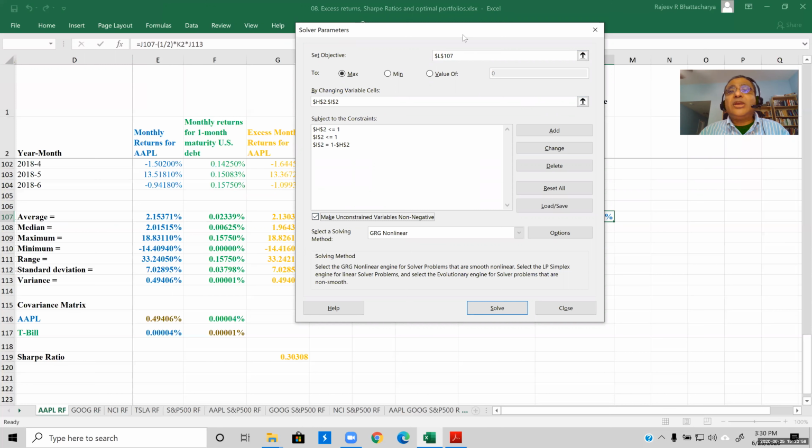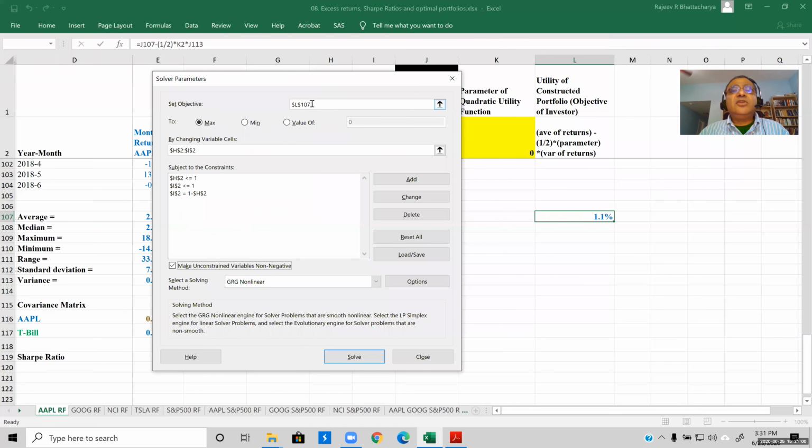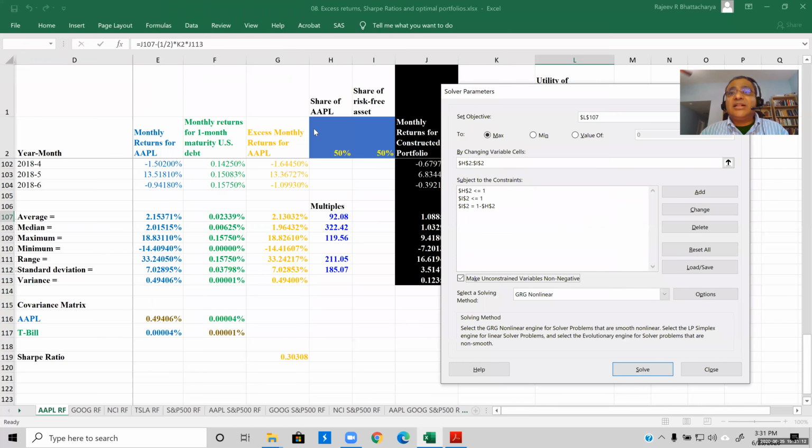So let's make sure we have it right. Our objective is to maximize L107, the expected utility of the constructed portfolio, by changing variable cells H2 to I2, subject to the constraints that H2 is less than or equal to 1, I2 is less than or equal to 1, and I2 equals 1 minus H2. All right, we think we're good.